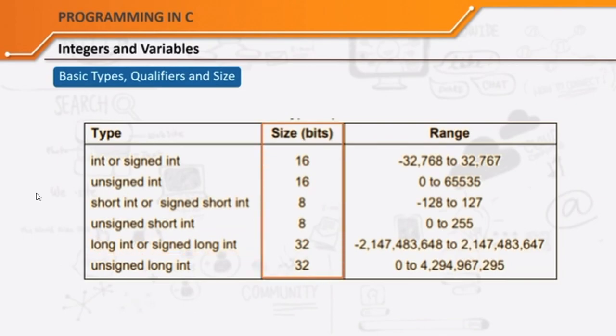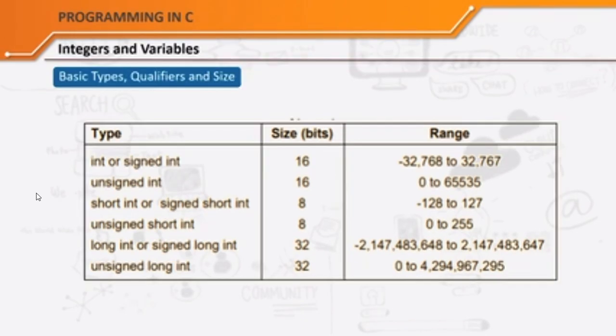The second column represents the number of bits that are occupied in the memory, and the third column represents the range of values. Now, the word size depends on the machine. It is usually said that the integer data type occupies 2 bytes of data in the computer's memory. 2 bytes meaning 1 byte has 8 bits, 2 bytes has 16 bits of data.